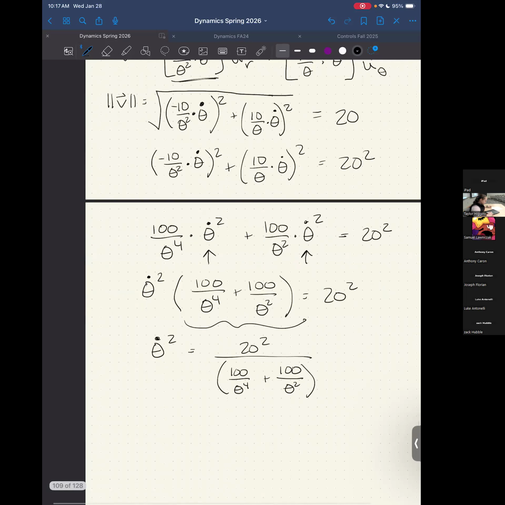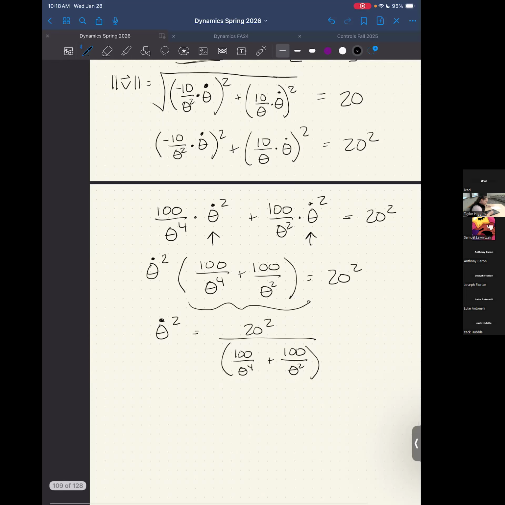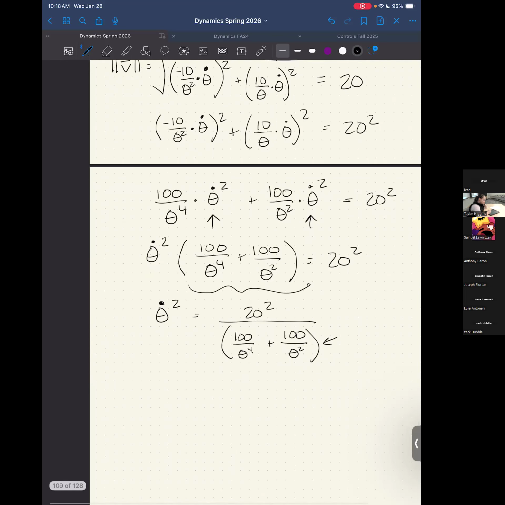Okay, looks like I just need to take a square root and then I'll have an expression for theta dot. But I'm actually going to simplify a little bit more before I do that. I'm going to take out a common term in this denominator. It looks like I have a 100 in common, but I also have a theta to the fourth on the bottom in common if you squint your eyes just right.